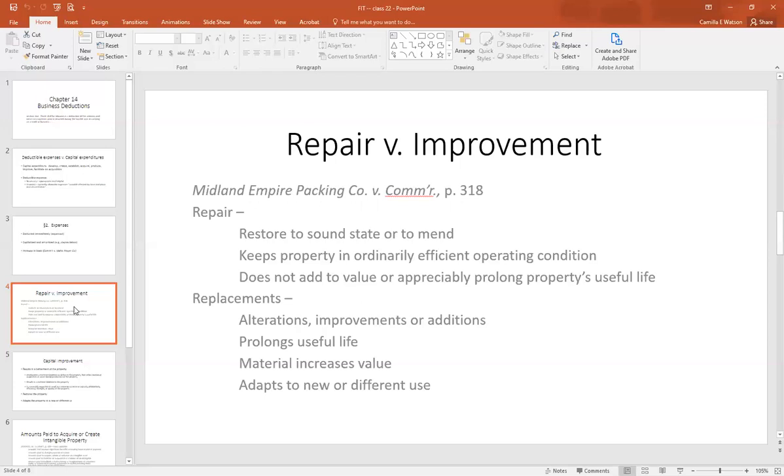Note that if this taxpayer had recently purchased this building to use for meat packing and storage, this same expense would be considered an alteration or improvement to the building that would not be deductible. So then it would be considered part of the acquisition cost and would have to be capitalized.